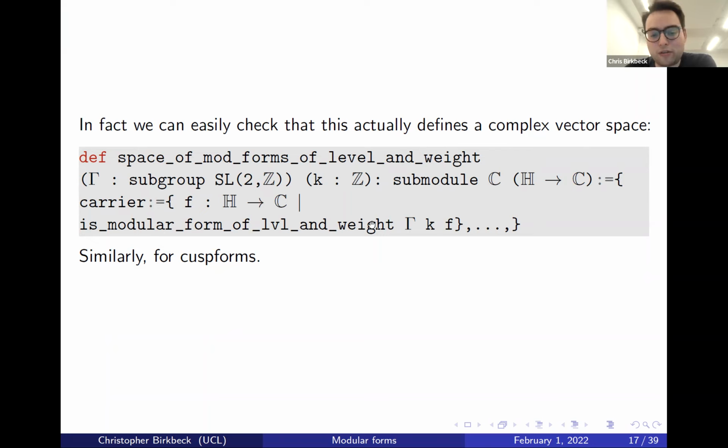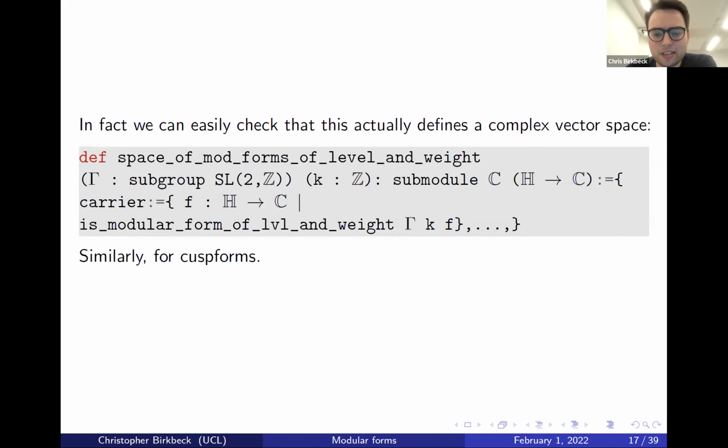Now it's a modular form of level gamma and weight k. And then a bunch of proofs that it satisfies the properties of being a submodule, which I suppressed from my slides because they're not very interesting. This all works with the cusp forms exactly the same. You can check that cusp forms are subspaces, which is nice.